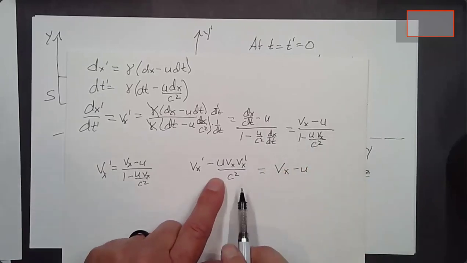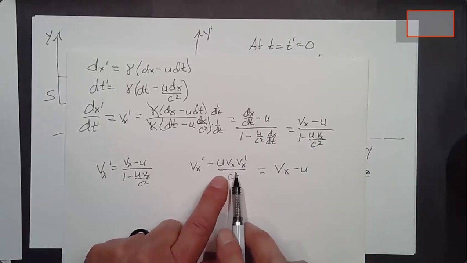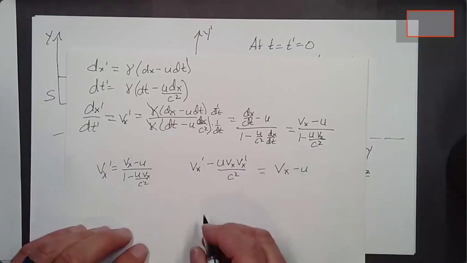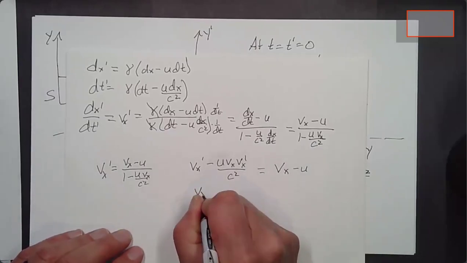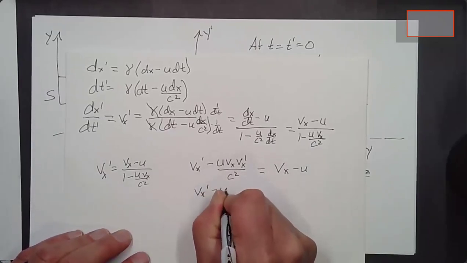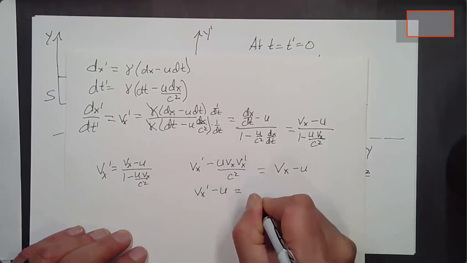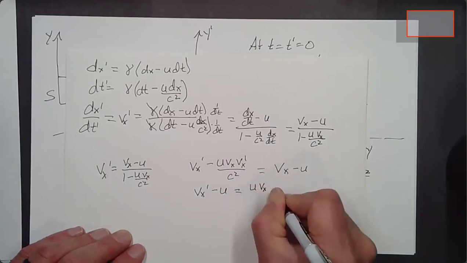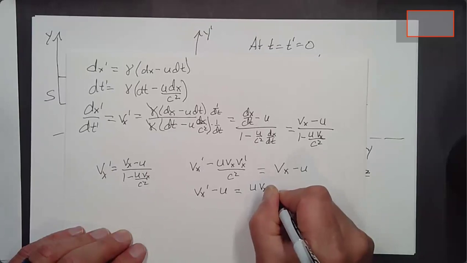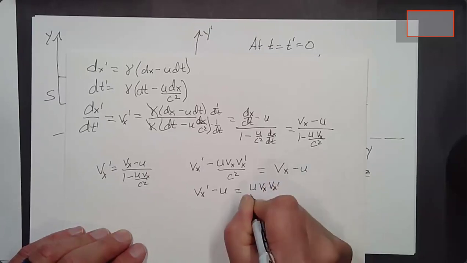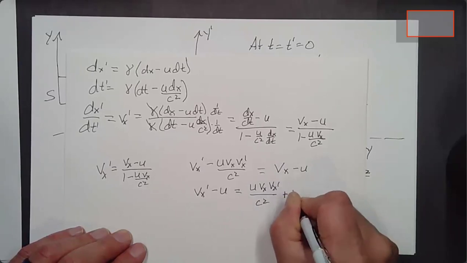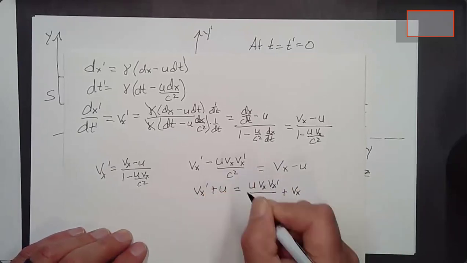If I get the terms that have v sub x in them over to one side and other things on the other, v sub x prime plus u will equal v sub x plus u v sub x prime over c squared. Whoops, that should have been a plus u.